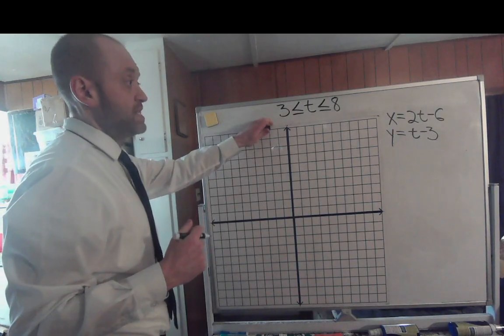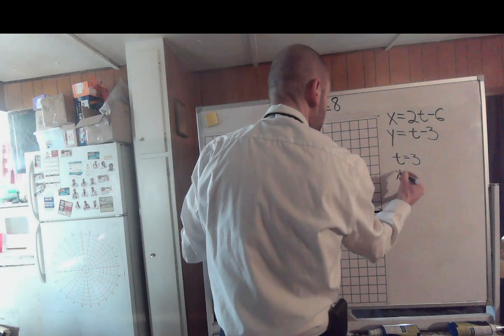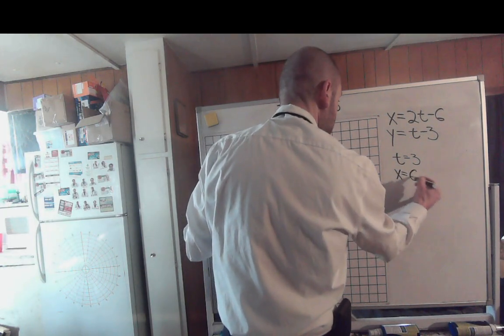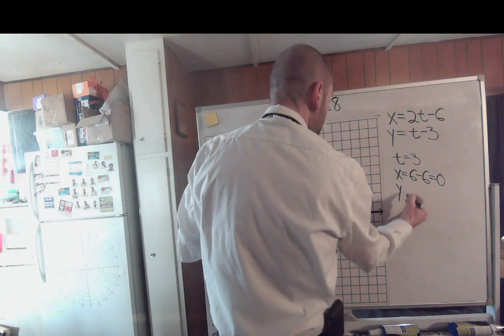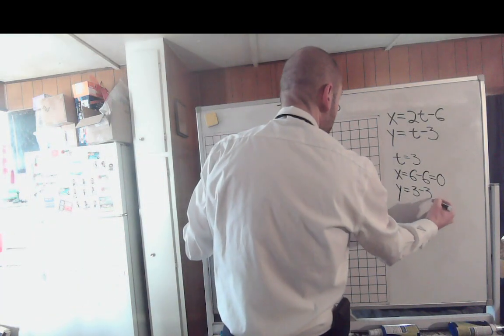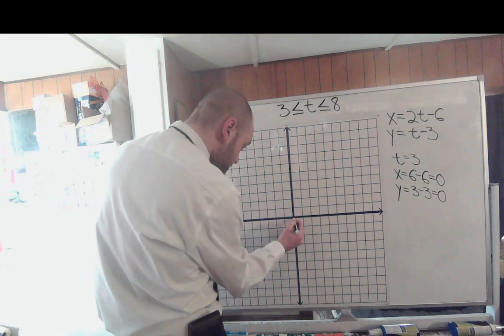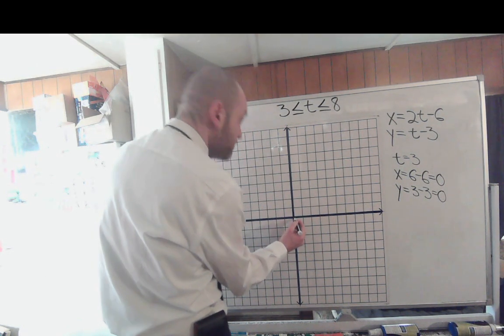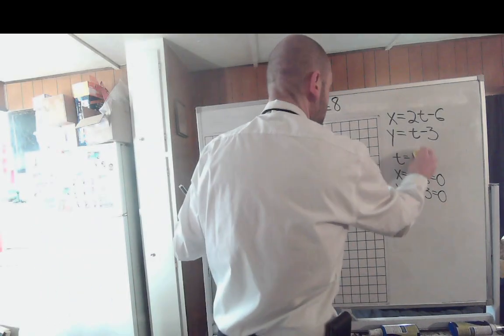Let's take when t is 3. So when t is 3 for x, you would end up literally getting 6 minus 6, which equals 0. And then for y, you would get 3 minus 3, which is also 0. So you would get the point 0, 0 when you have the parameter of t being 3. Now what about when t is 8?